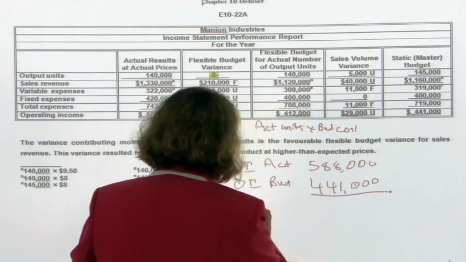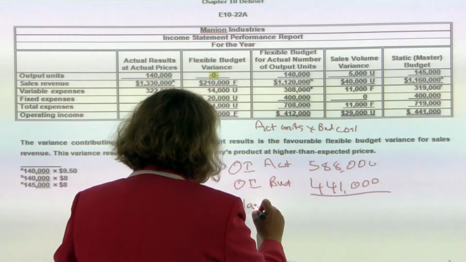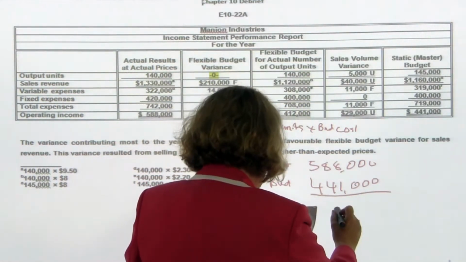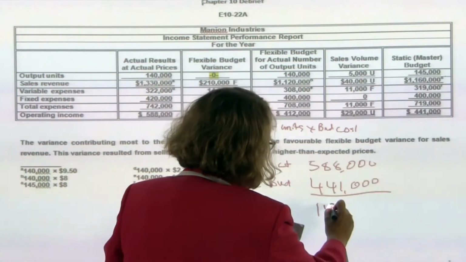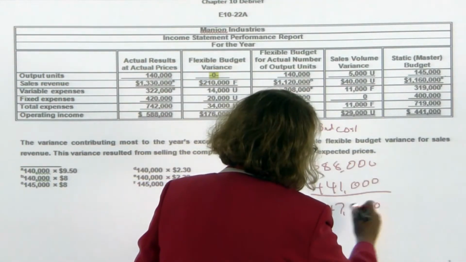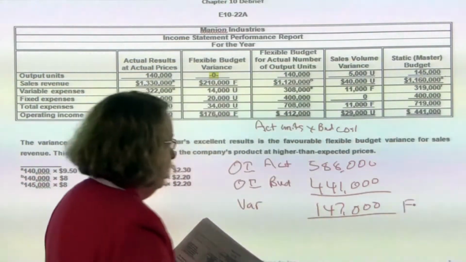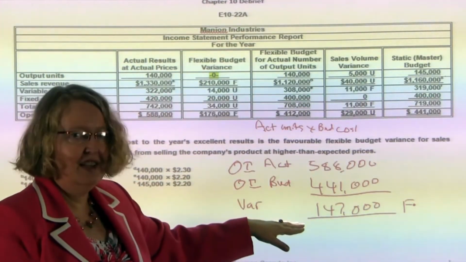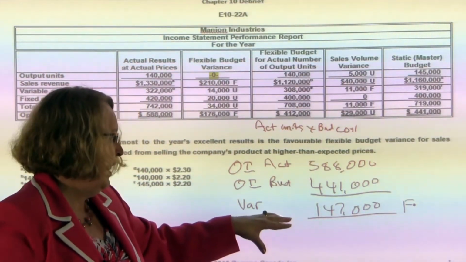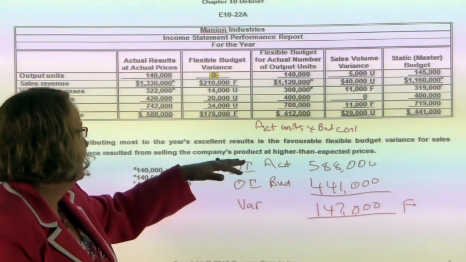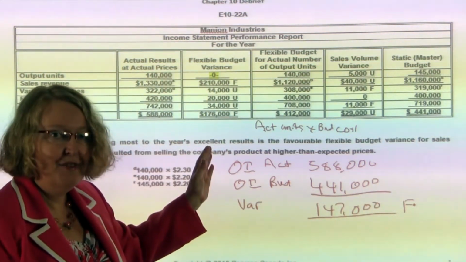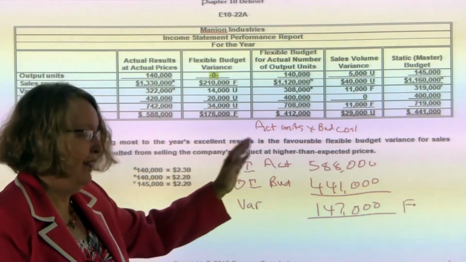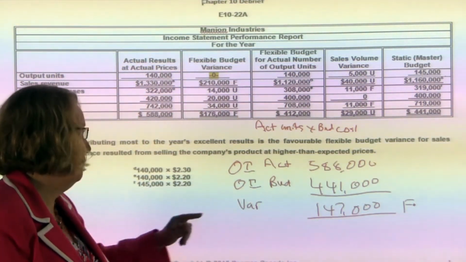So you have a variance which is favorable, which is always nice. You have a favorable variance of 147,000. So you're trying to explain how the company could sell fewer units, 5,000 fewer units, but still end up with a higher operating income.